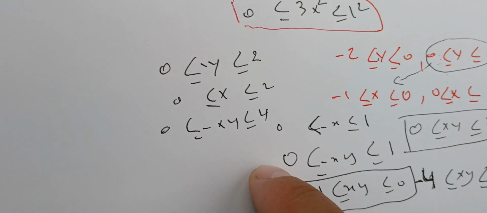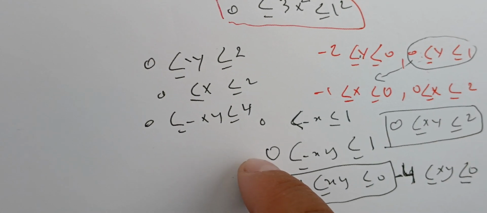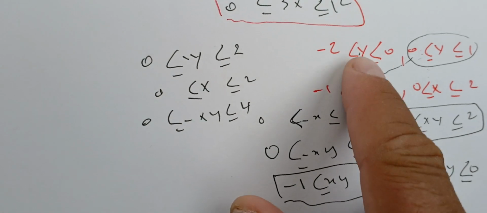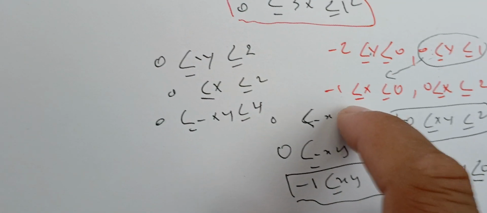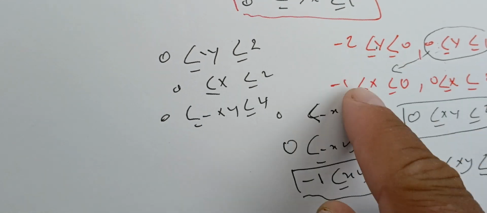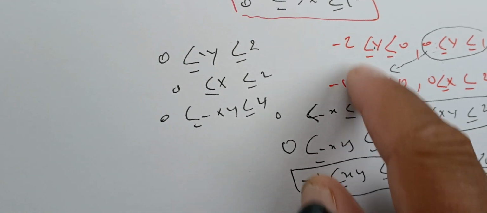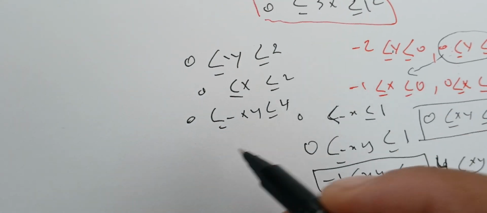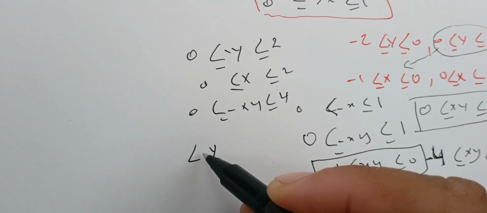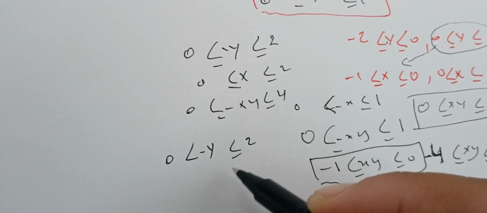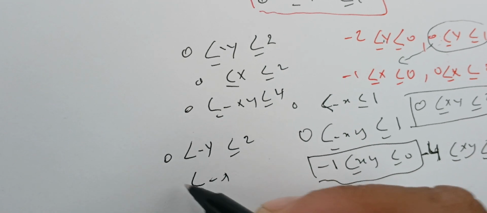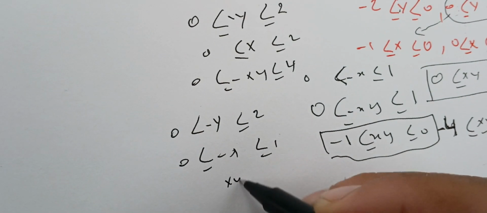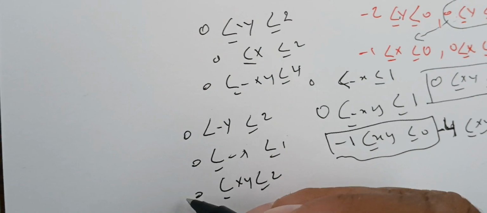Okay, so now the other case is this one here. When these two are negative, we make them positive by multiplying both of them by -1. Therefore, here we're gonna have minus y between 0 and 2, and minus x is between 0 and 1. And once we multiply, we're gonna get xy is between 0 and 2.